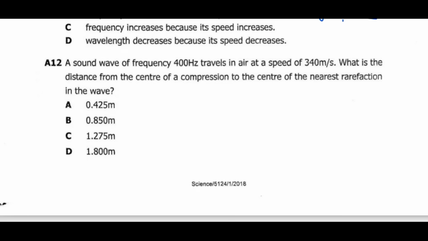Then question 12. A sound wave of frequency 400 Hz travels in air at a speed of 340 meters per second. What is the distance from the center of a compression to the center of the nearest rarefaction in the wave? So here we just want to find the wavelength. Wavelength is equal to speed, which is velocity, divided by frequency.